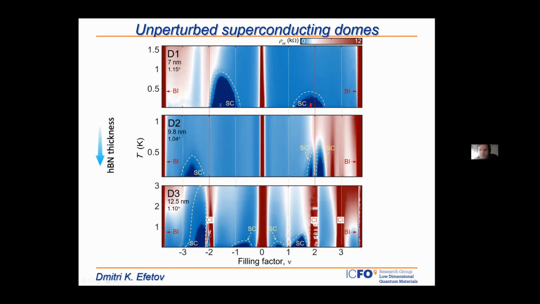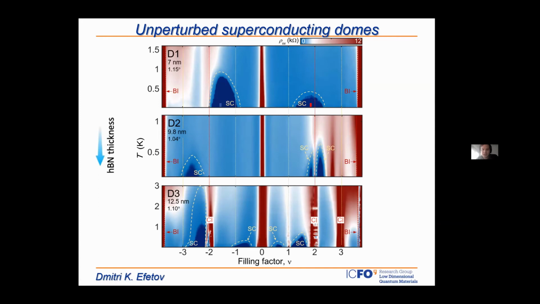And most drastically, in this device with a slightly larger twist angle and even closer proximity to the graphite gate, it really has this broad superconducting region, which is not interrupted by a correlated insulator.